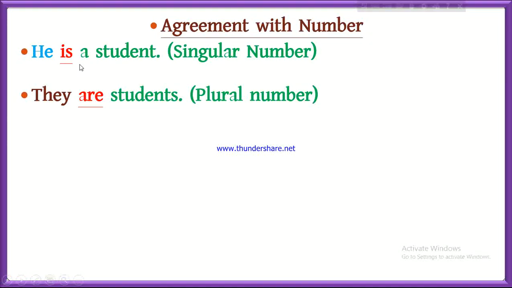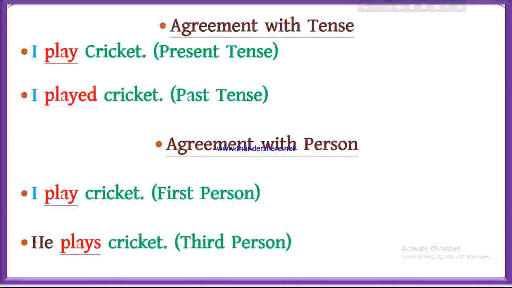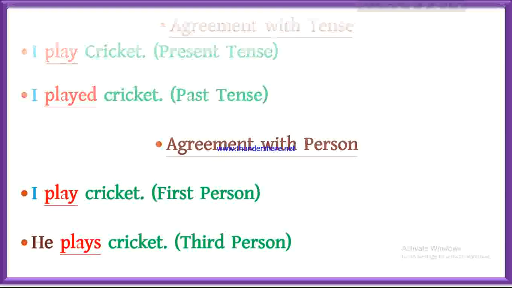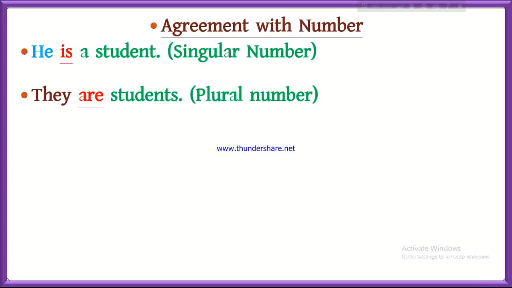Whenever the subject is singular, it is is. But whenever the subject becomes plural, it becomes are. So we can say that verbs have agreement with tense, person and number.